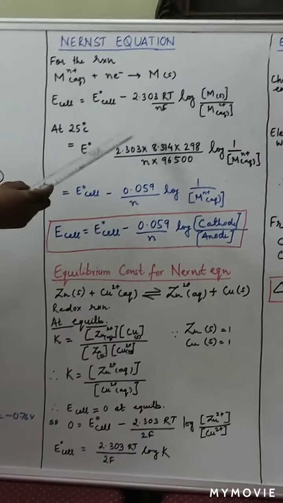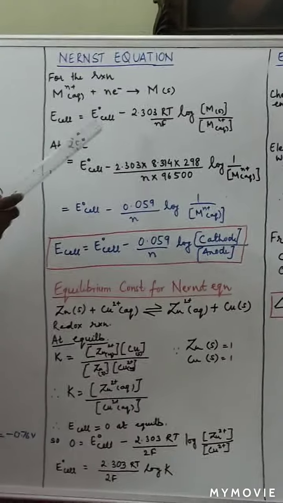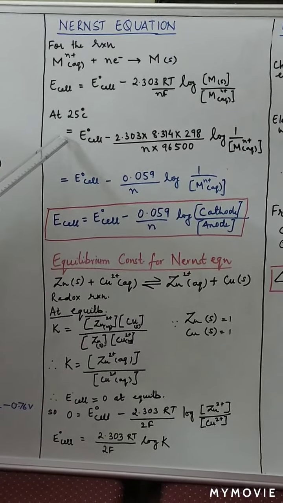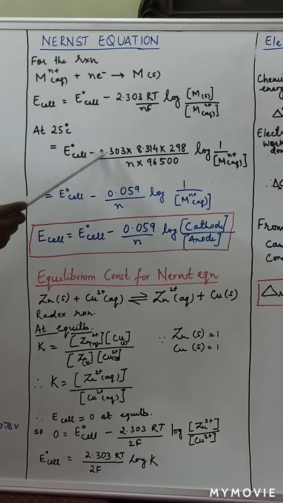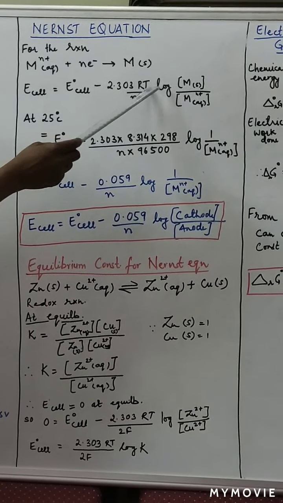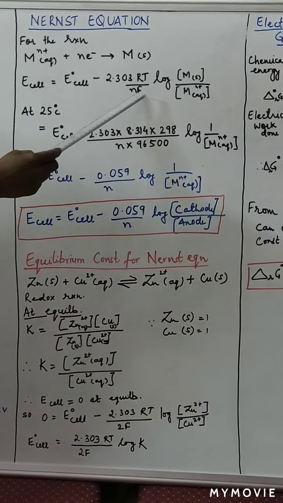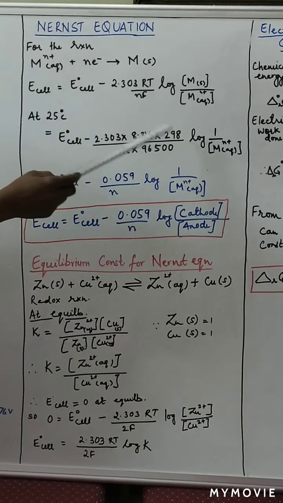Now if the reaction takes place at 25 degrees Celsius, that means 298 Kelvin, then we can substitute the values, and E cell will be equal to E naught cell minus 2.303. Now R here is a gas constant, T is temperature, n is the number of electrons which are being exchanged, and F is charge in Faraday.